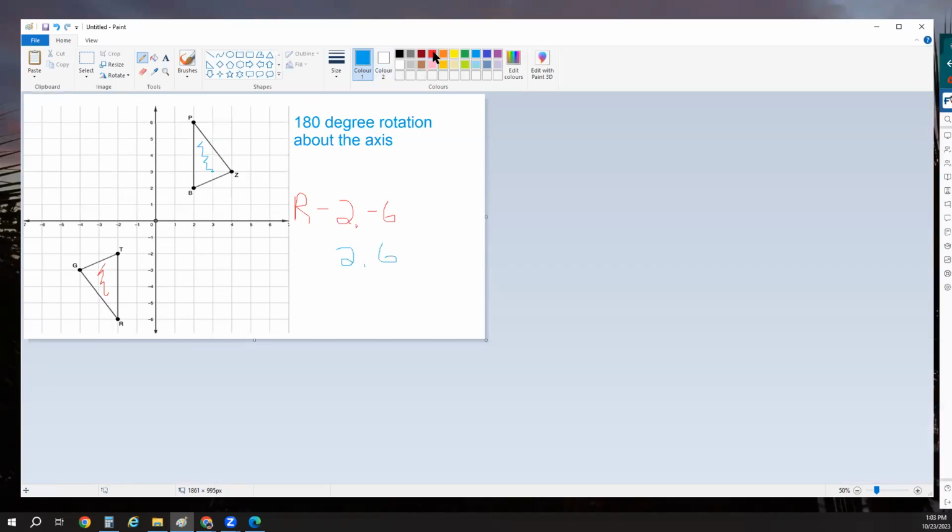And then you're like, okay, well, blue in terms of red. What changed? Well, my blue term is the same as my red term, so the x's are the same, but the sign changed. Same thing with my y's. The y's are the same absolute value, but they change.